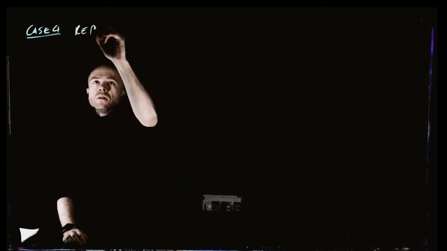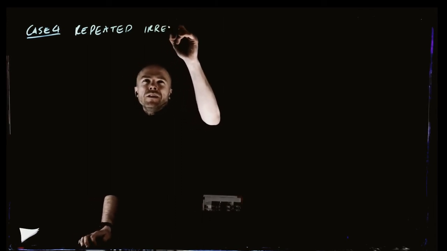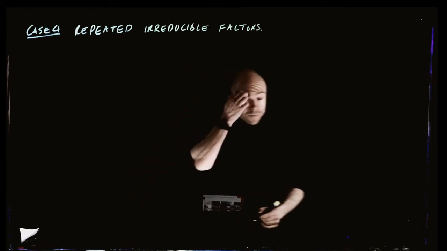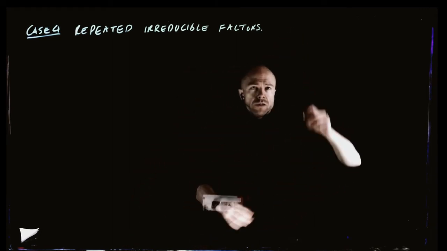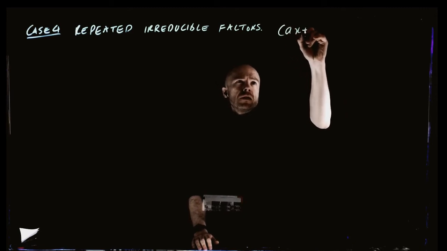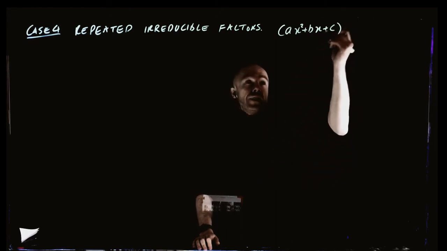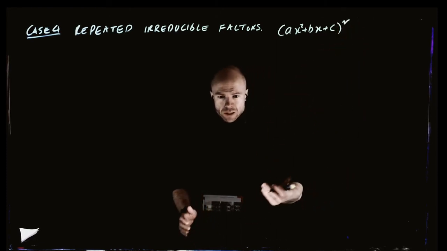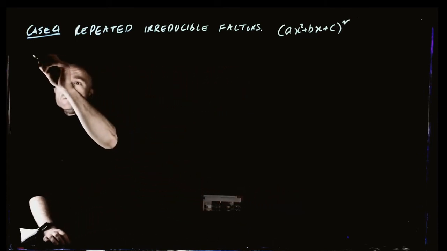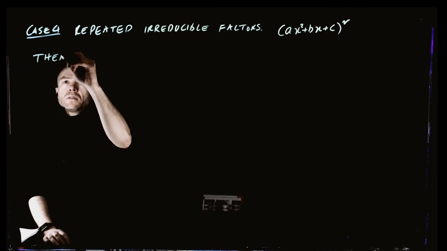Repeated irreducible factors. Okay, so that's when we have quadratics that we can't reduce. So there'll be something in the form ax squared plus bx plus c, but then there'll be some power, like r. Okay? Then we have to introduce the following terms.